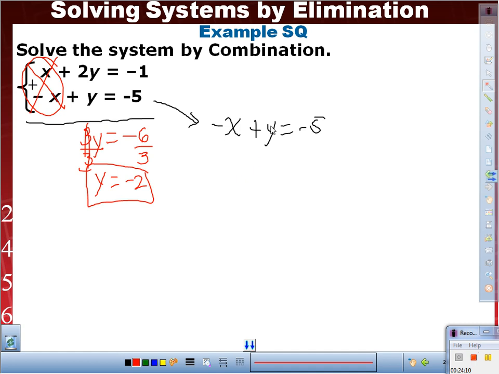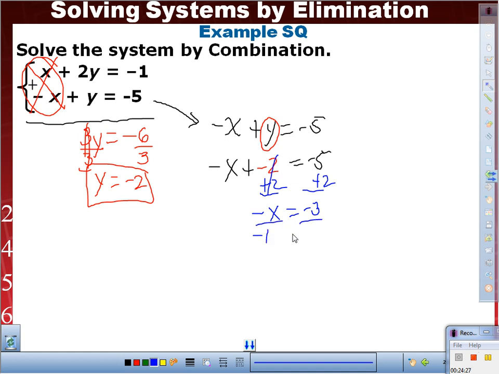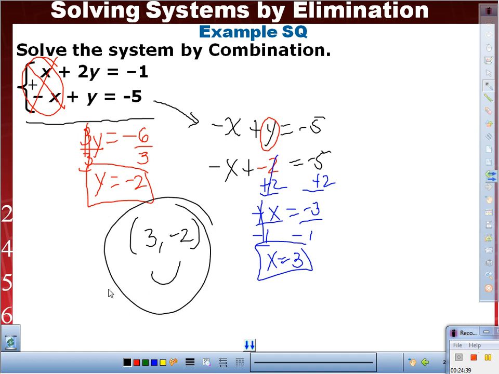But instead of y, what goes here? -2. I bring down the negative x plus -2 equals -5. From there, add 2: negative x equals -3. Divide by -1: x equals 3. Solution: (3, -2). Hands up if you got that by yourself. That is correct.